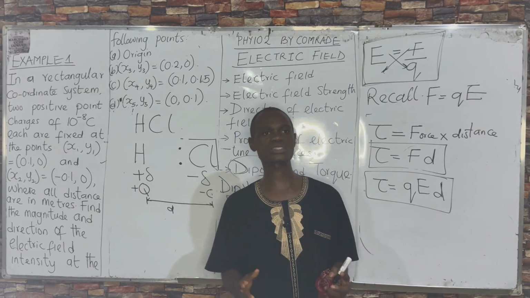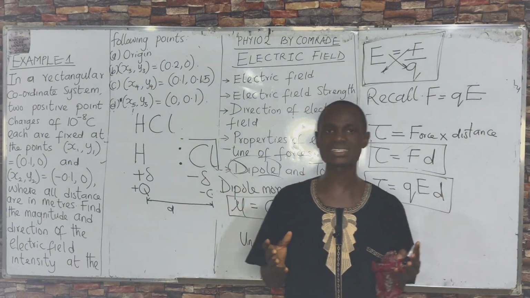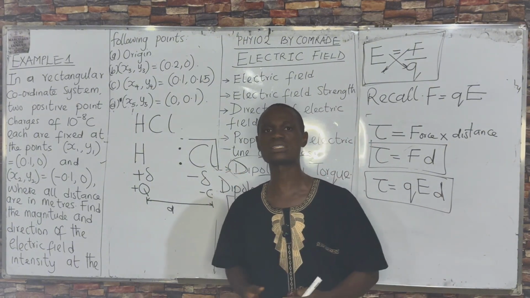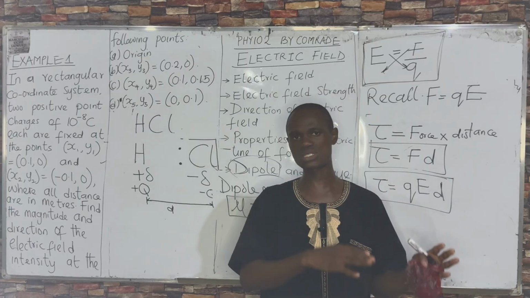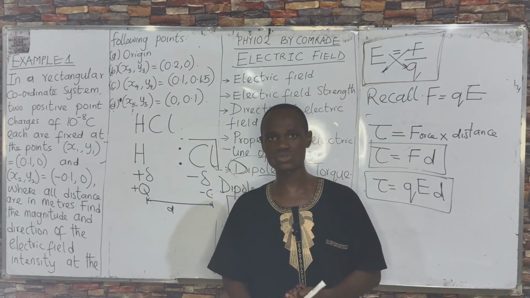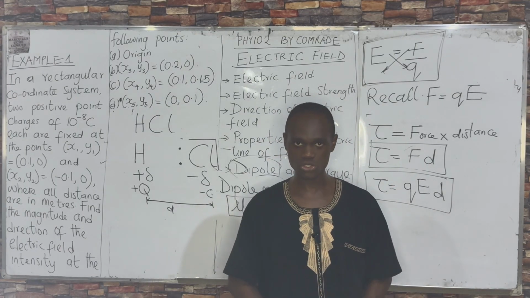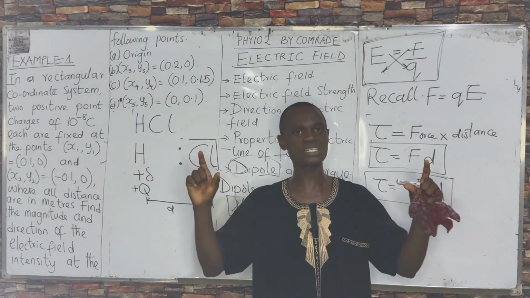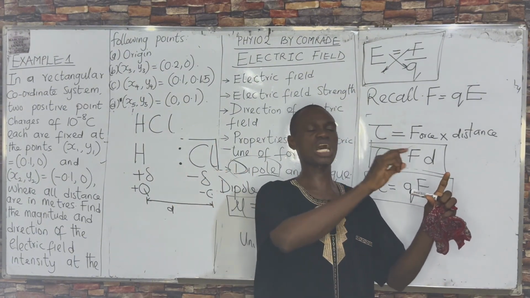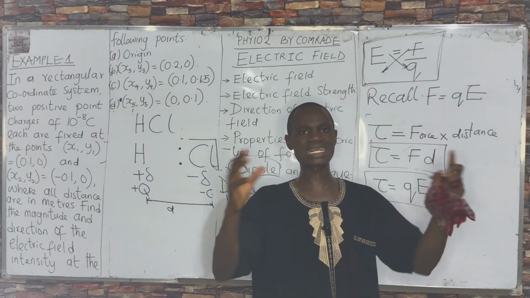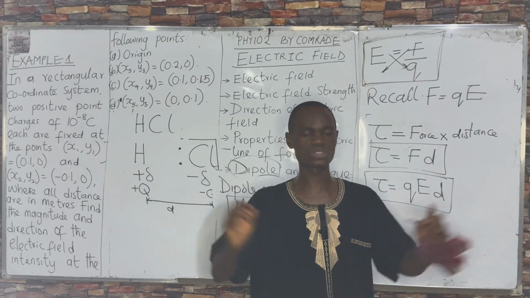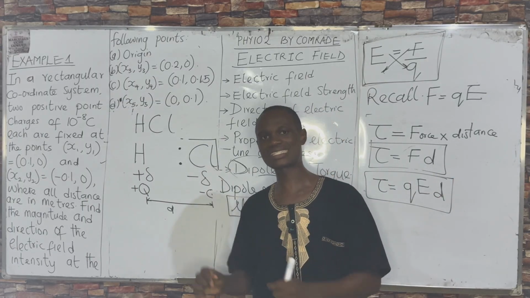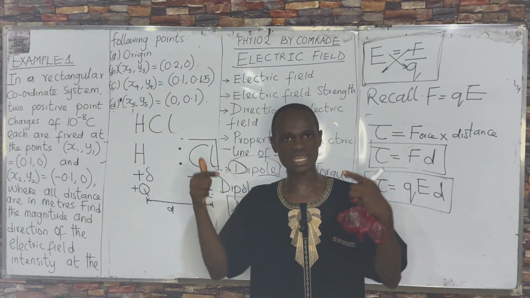And you must also understand that electric field intensity is a vector quantity. Because it is a vector quantity, it will have both magnitude and direction. And to get the direction depends on the polarity of the charge. If the charge is positive, it creates a field that moves outward, while if the charge is negative, it creates a field that moves inward.